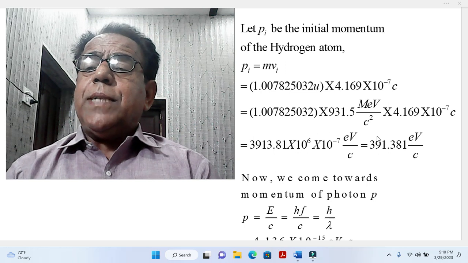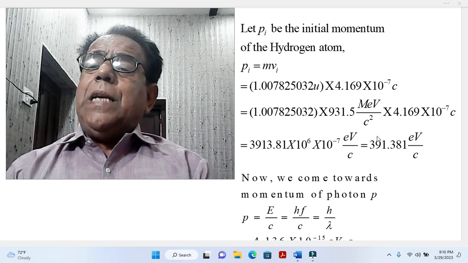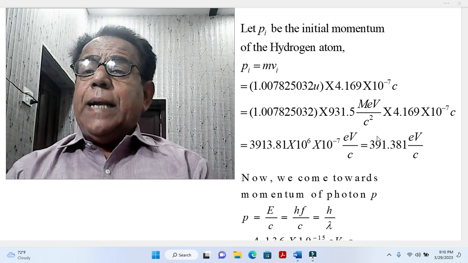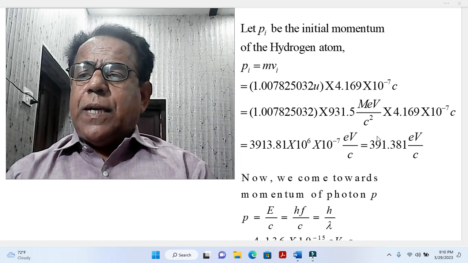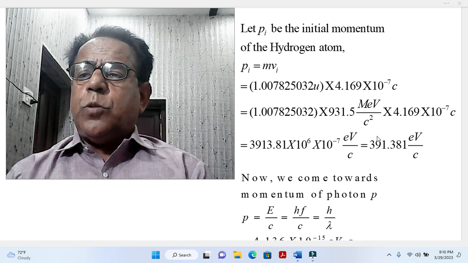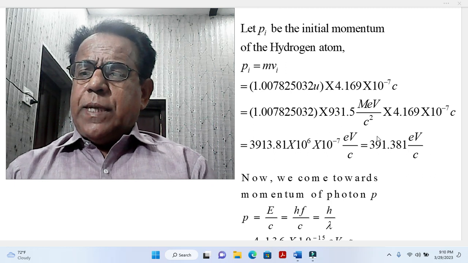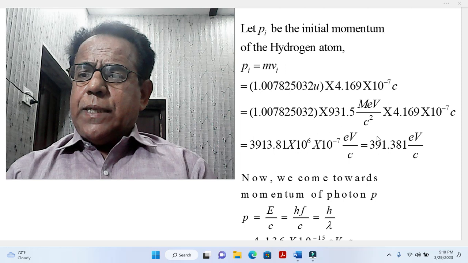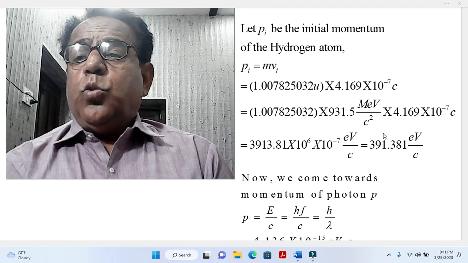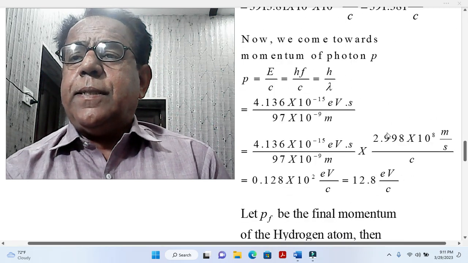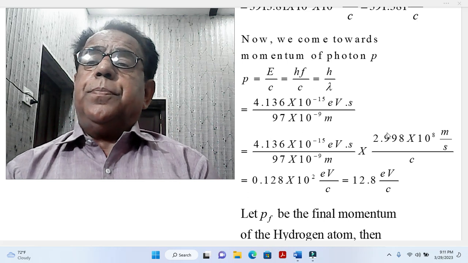What we have done, we have just changed million into 10 to the power 6, and then we have simplified the above expression, and then initial momentum pi becomes equal to 3913.81 into 10 raised to the power 6 into 10 raised to the power minus 7 electron volt over c, and this alternatively becomes equal to 391.381 electron volt over c. Okay, so this is done.